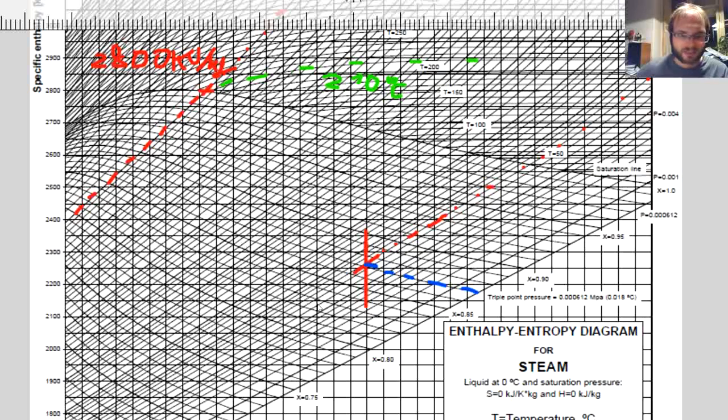So we can read, for example, steam quality at 80% over here. So let's take, for example, steam quality of 80% and get the enthalpy for this point. And we can see that the enthalpy would be approximately 2425 kilojoules per kilogram.